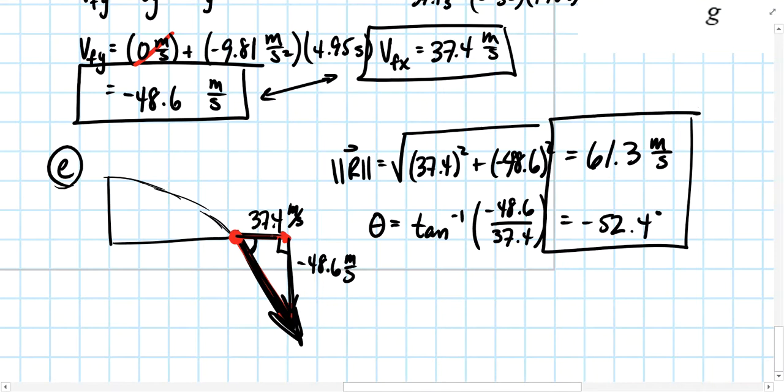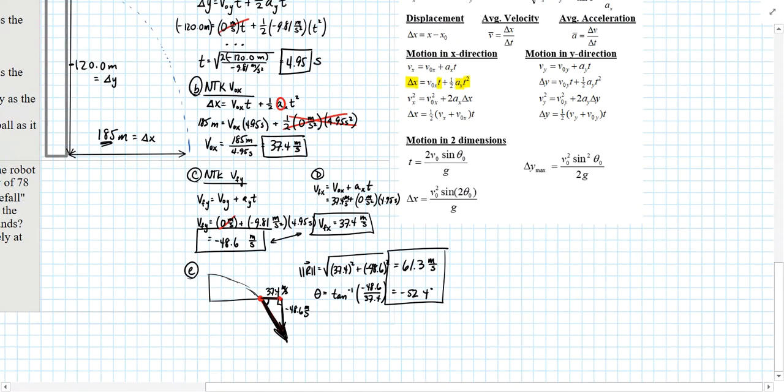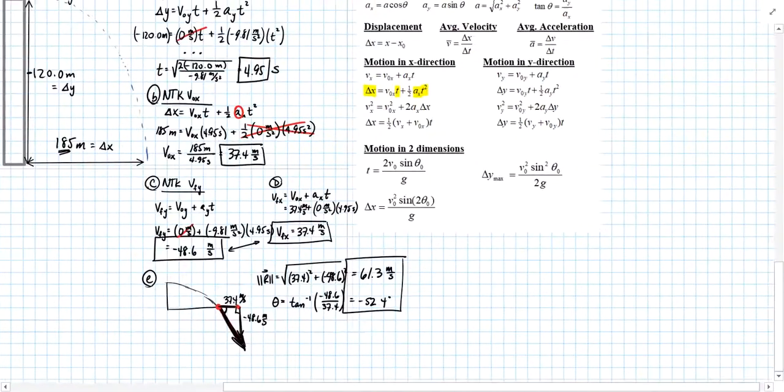And again, that should make sense because we're 52 degrees below horizontal. We only got this result because the opposite side length was indicated as a negative value. So that's why our signs are very important, so that we obtain correct and meaningful results. So I'm going to move these notes off to the side, and then we'll complete this last example.